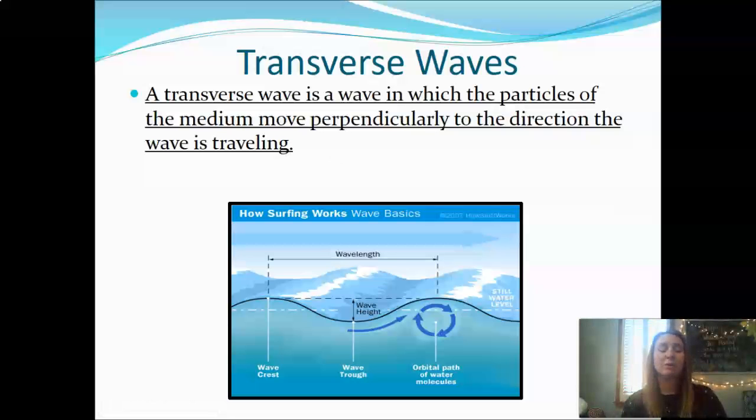I feel like the ocean is a great example of a transverse wave, because if you watch a buoy or a boat far out there, they look like they're bobbing up and down as the waves travel past them. The wave goes this way and they move slightly, but for the most part they're going up and down. These are called transverse waves, and the biggest thing to take away is that the medium moves perpendicular.